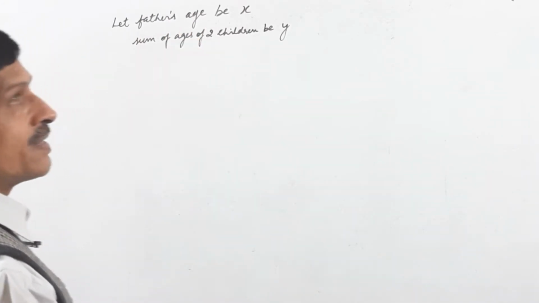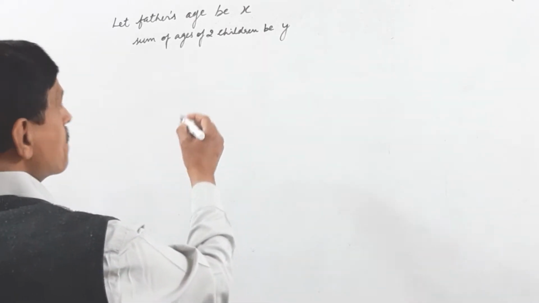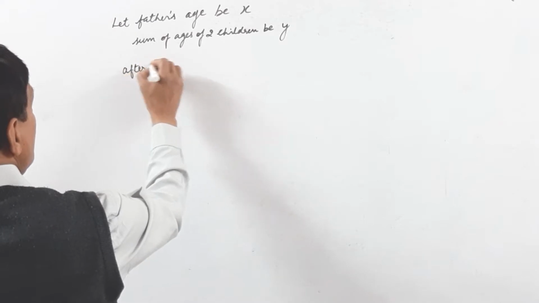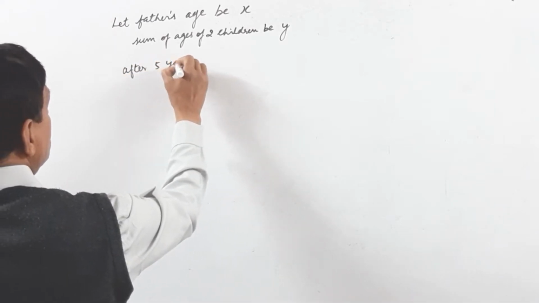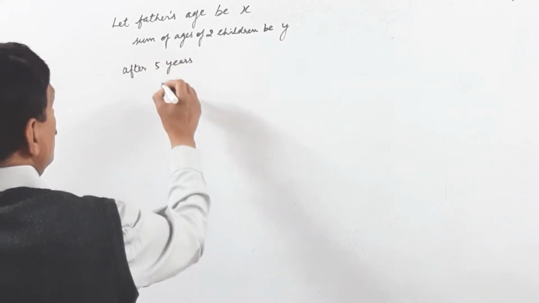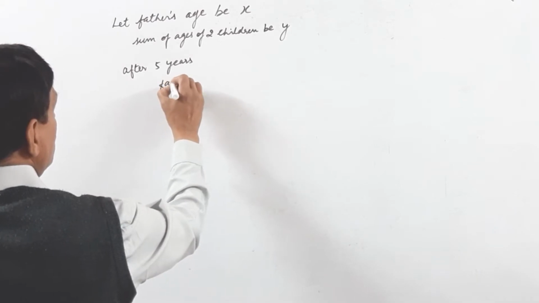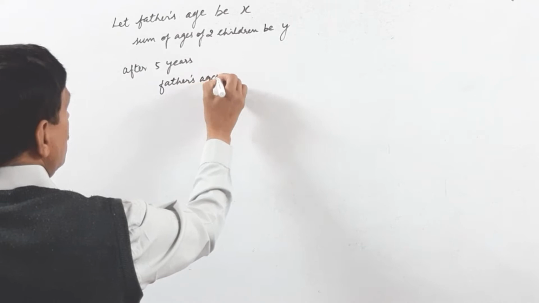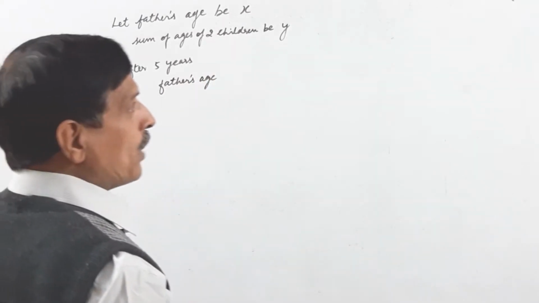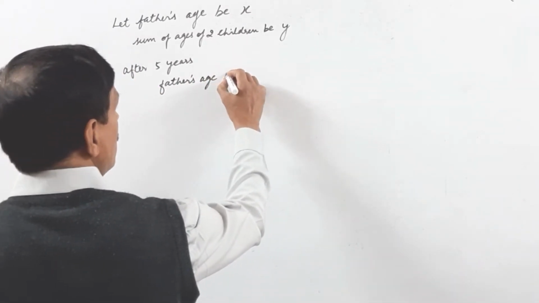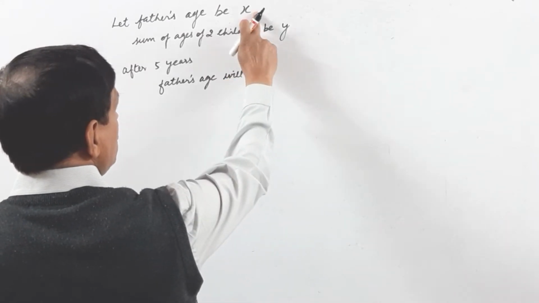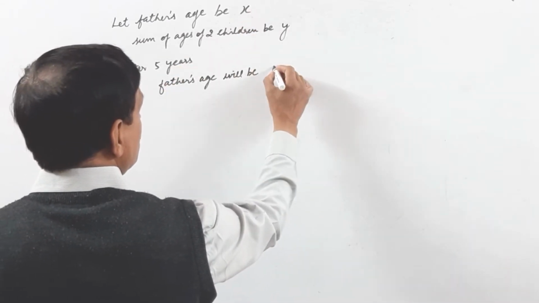After 5 years, father's age will be present age plus 5 years.